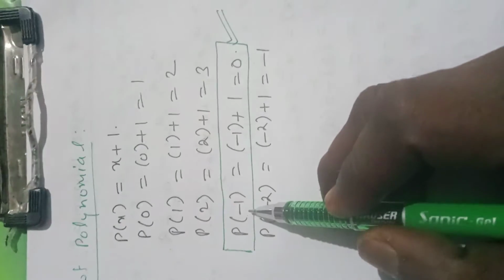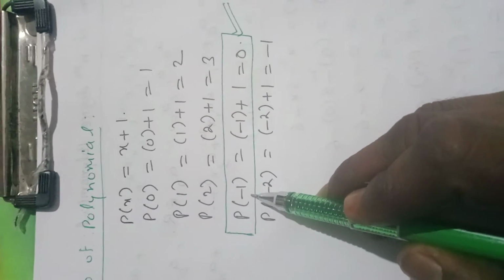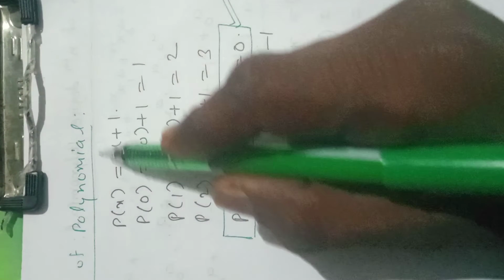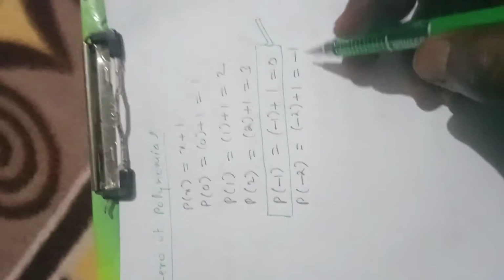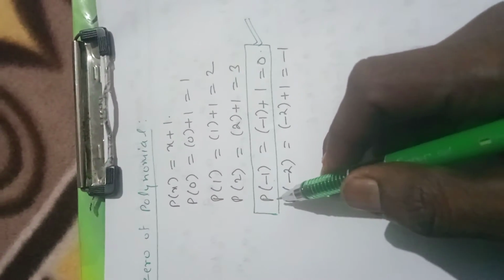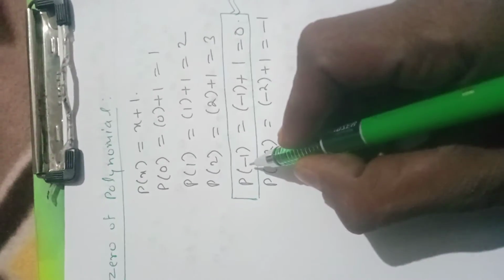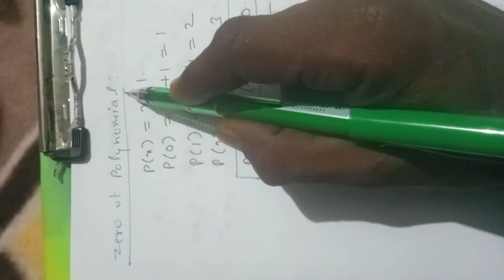If and only if x is minus 1. So if x equal to minus 1 only, the value of the whole polynomial becomes 0. Right? Then you need to remember here, this value x equal to minus 1 we call a zero of the polynomial.